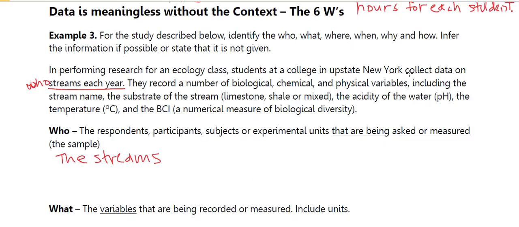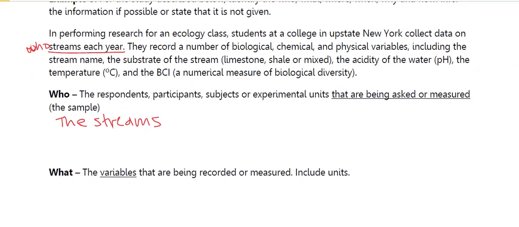Okay, the what is the variables, things that are being recorded or measured. So we could have a lot of these, and we want to include the units wherever possible. That way we know what we're talking about.